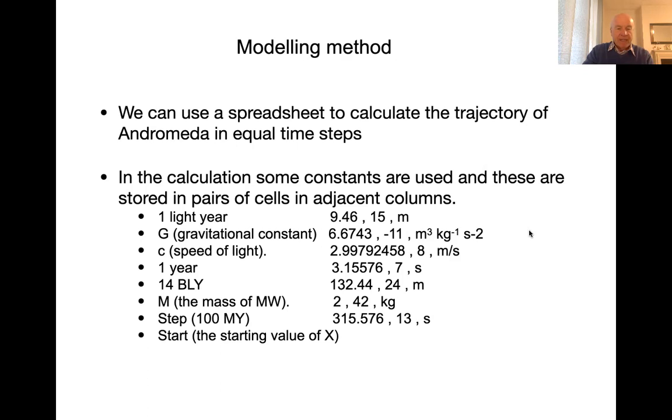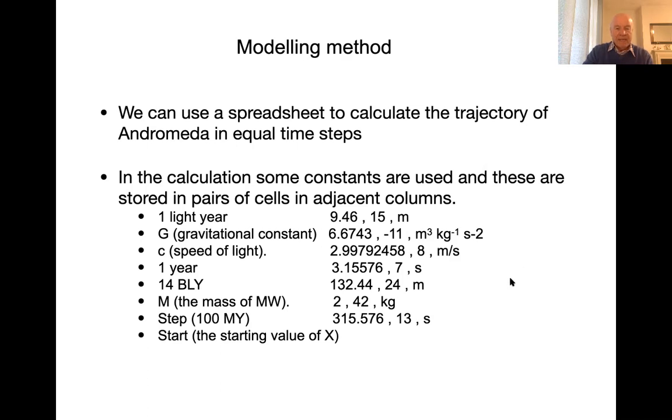So the speed of light, 2.9979258 times 10 to the power 8 meters per second. 1 year is calculated simply by taking 365.25, multiplying it by 24 for the hours per day, and 3,600 for the number of seconds in an hour.